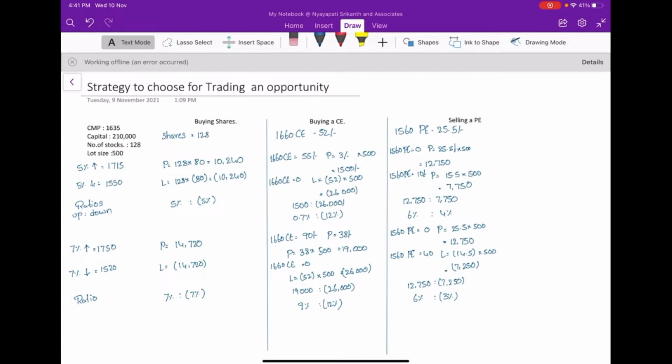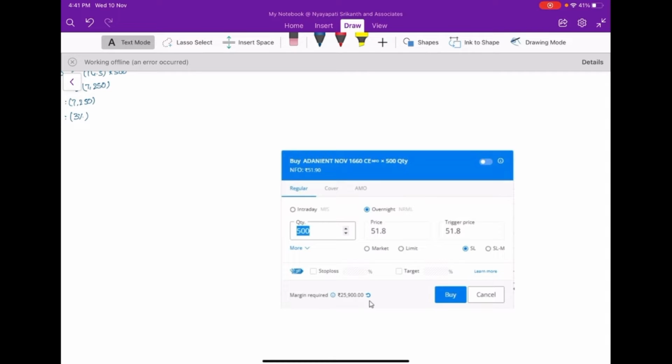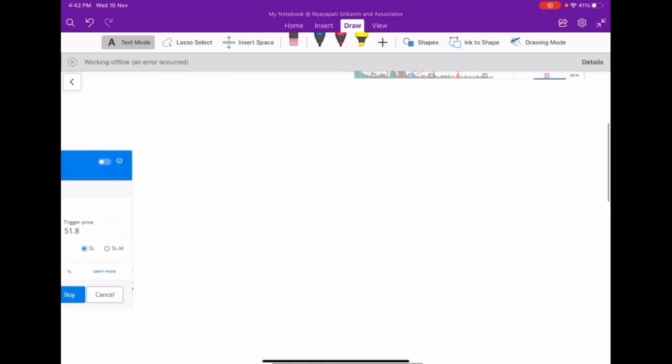In both the options, call option or put option, I choose out of the money options. The reason behind choosing out of the money options is that the premium will be less, so even if my view is wrong, the loss will also be less than with at the money or in the money options. To buy a call option, I choose the 1660 strike price and it is at somewhere around 51.8. For easy calculation, let's consider it as 52 rupees.